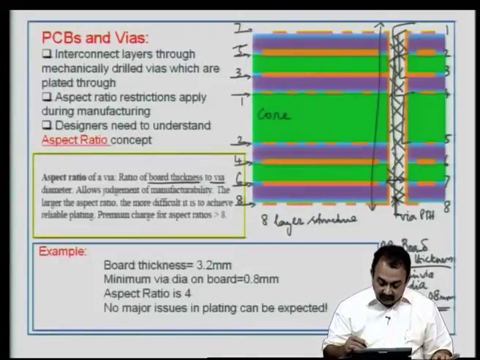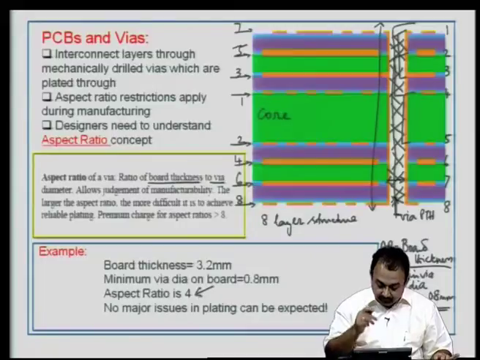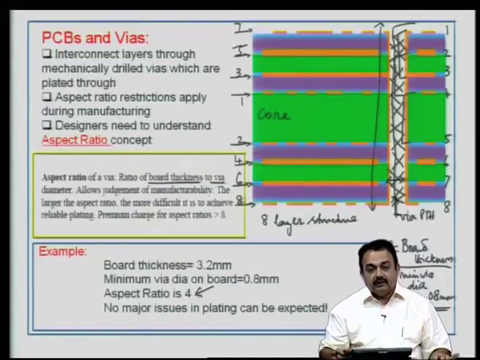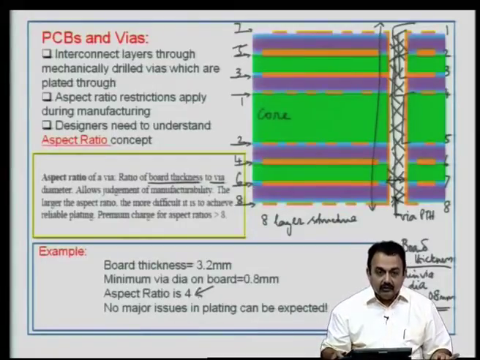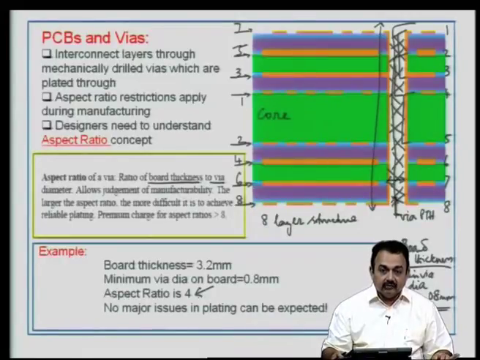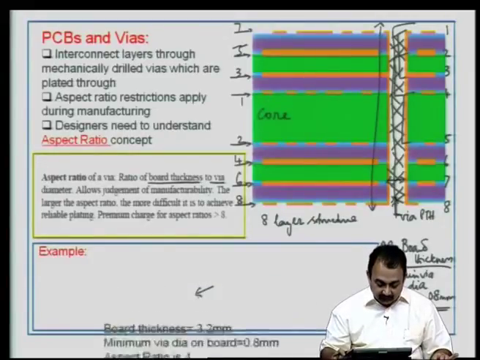Therefore, the aspect ratio is 4. Now, typically with this kind of a scenario, no major issues in plating can be expected. It is very easy to plate a hole wall that is 0.8 mm in size at a thickness of 3.2 mm. So, you can accept this board for manufacturing.